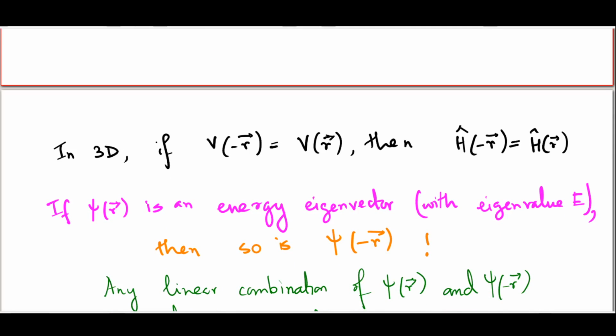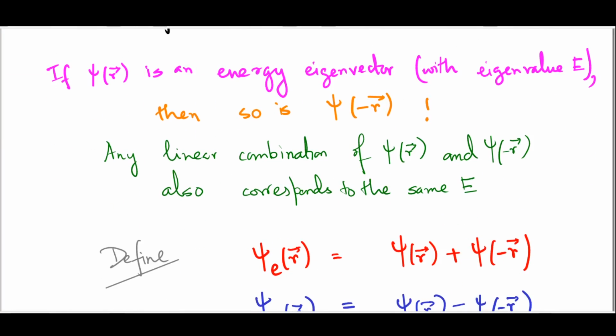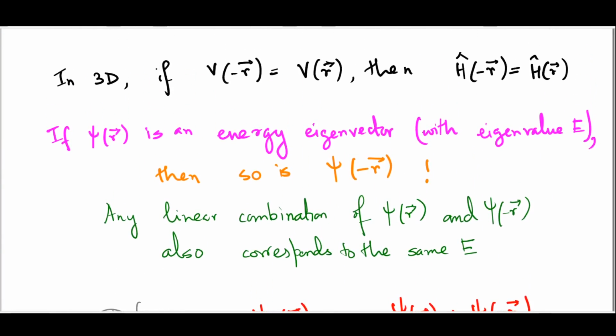That is, if psi of R is an energy eigenfunction with eigenvalue E, then so is psi of minus R. Now, not only are psi of R and psi of minus R eigenfunctions with the same energy eigenvalue E, any linear combination of these two functions also corresponds to the same E. Now, the only catch here is that we no longer have the theorem which tells you that bound states are non-degenerate to help us out here, or to restrict us actually here.